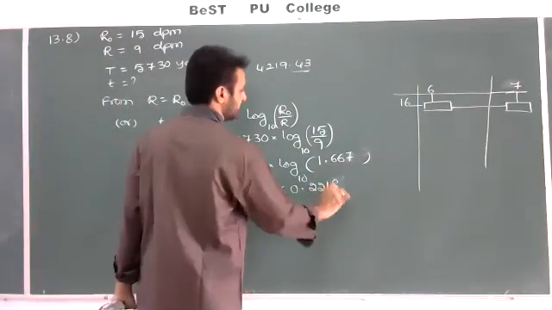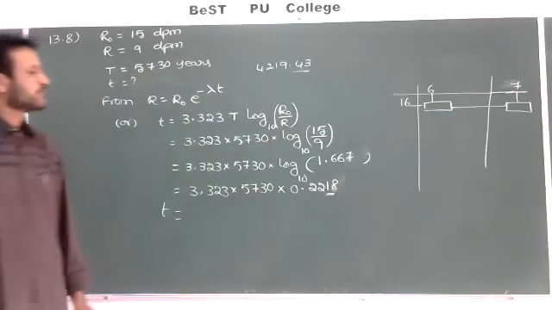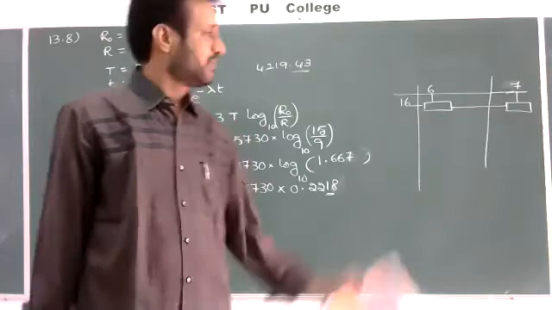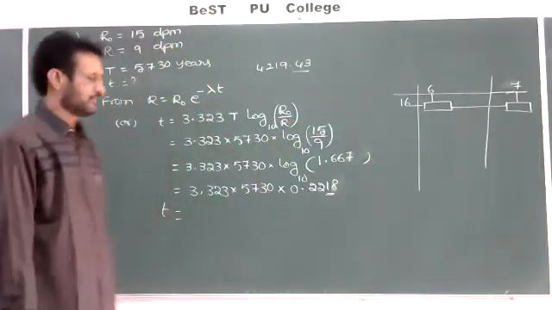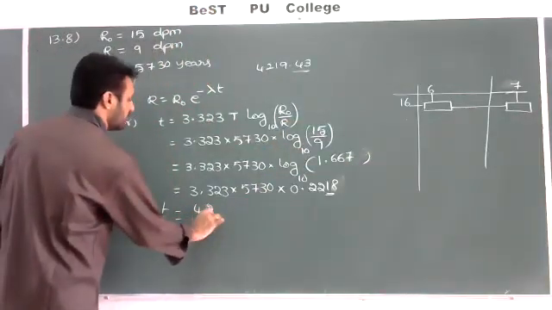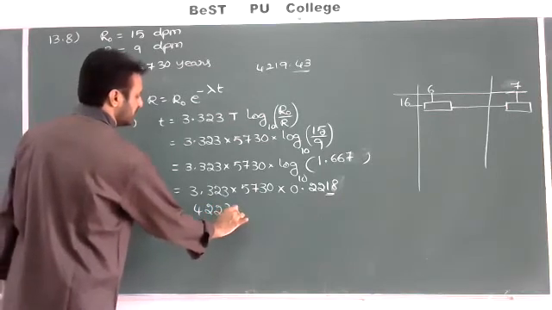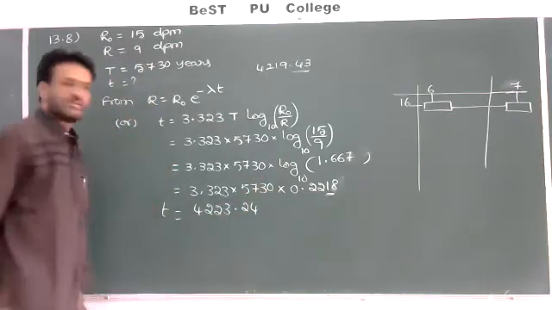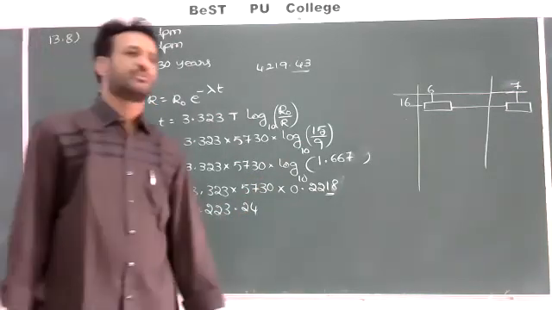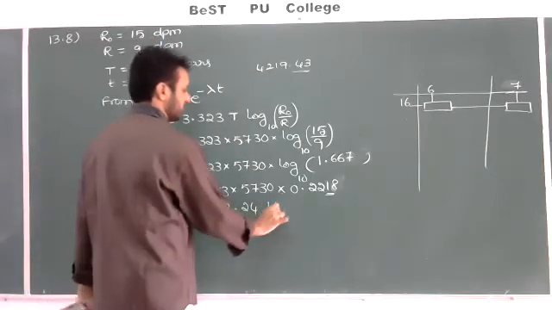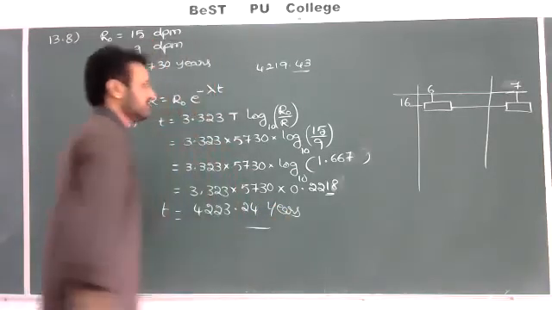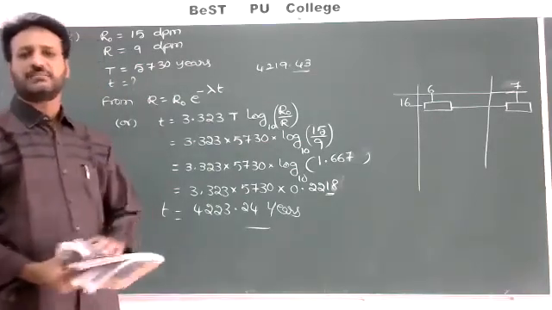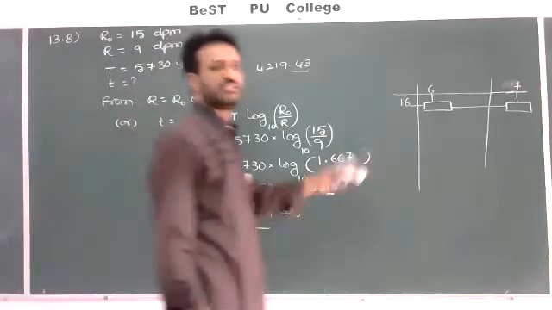Then multiply. If you have the logbook, it is easy to check. I have already mentioned how to see the value. That is equal to 4 to 3.24, or if you round up the value, approximately 4224 years you will get. So while solving problems, it is better to keep your logbook also. Then it will be easy to check the logarithm value.